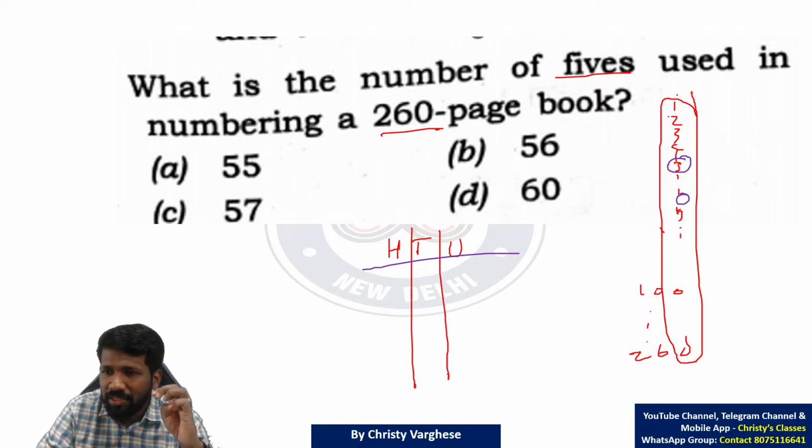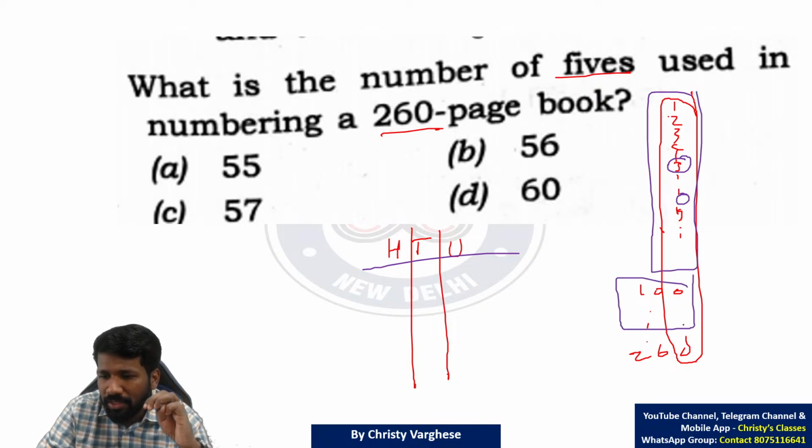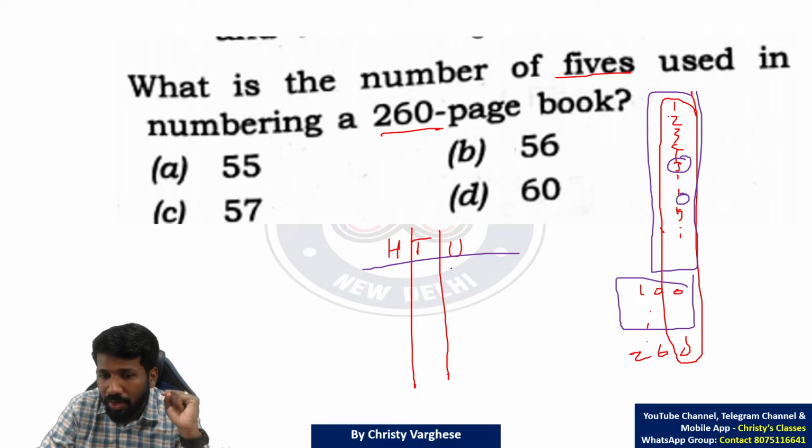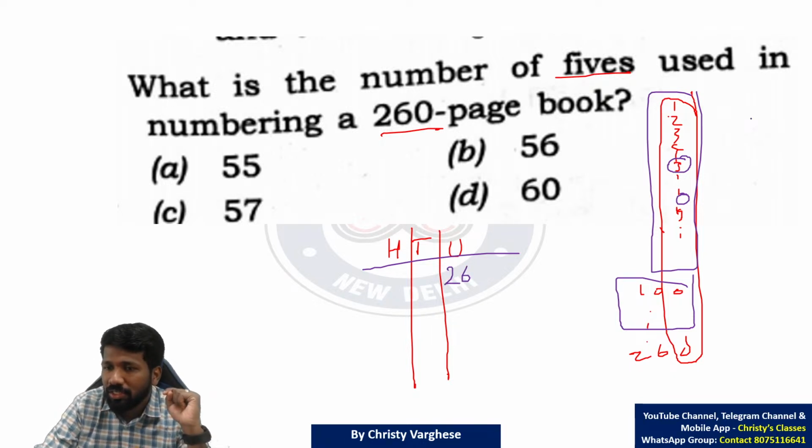In the first 100 numbers there will be 10 5s, in the next 100 numbers 10 5s, then 205, 215, 225, 235, 245, 255. That means 6 more 5s. Are you all understanding? That is 20 plus 6, 26 5s in the unit digit.